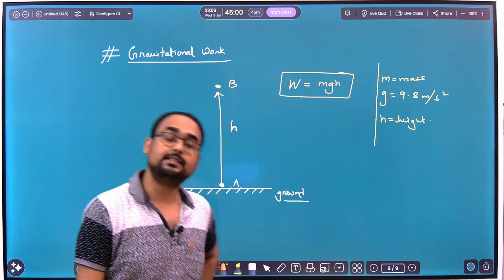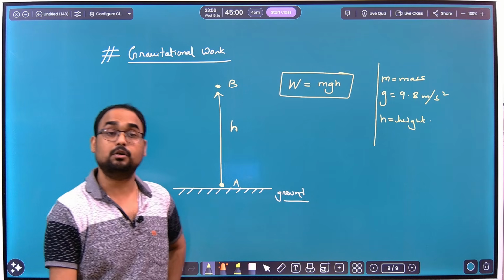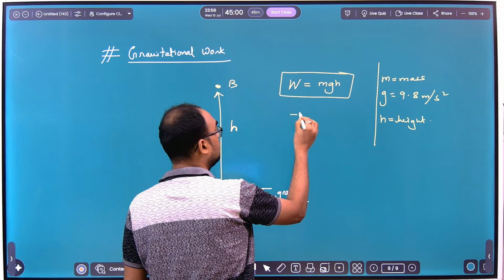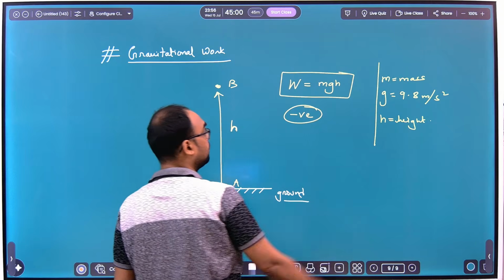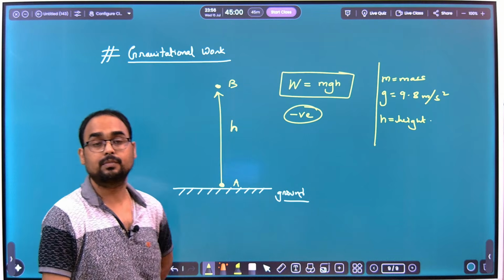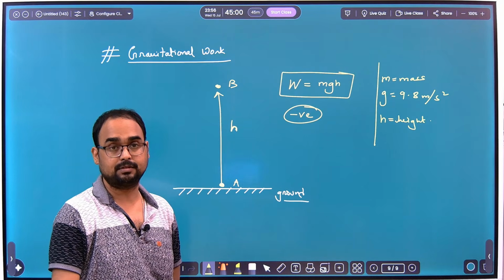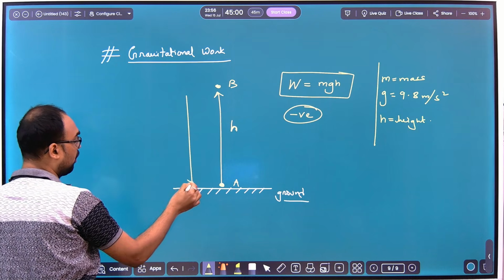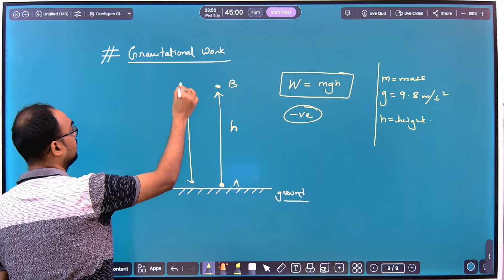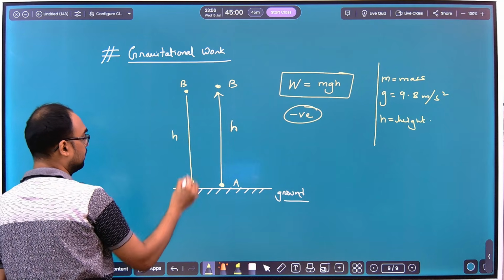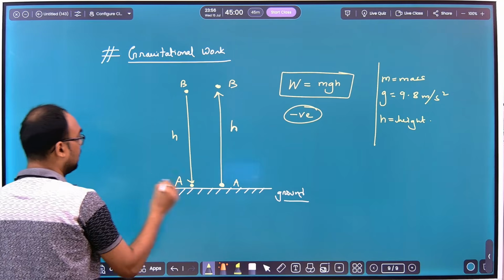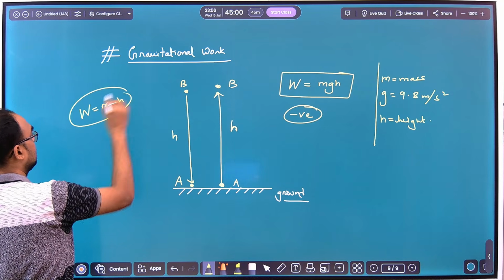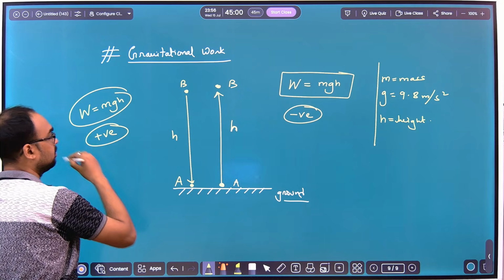Now, in many cases, they may ask you, is the work done positive or negative? When you are moving against the force of gravity, this work done is negative. Whereas, if the same body was to come from top to bottom, then the work done would again be mgh, but this time it would be positive.